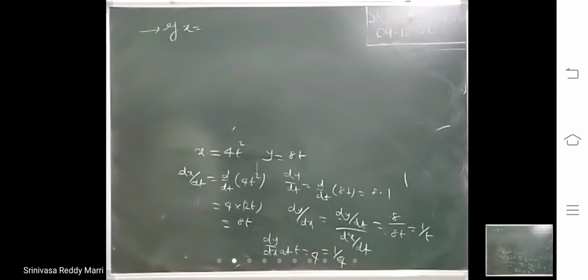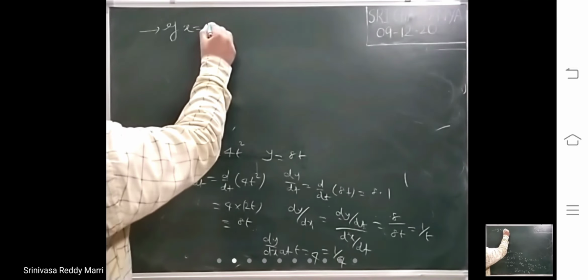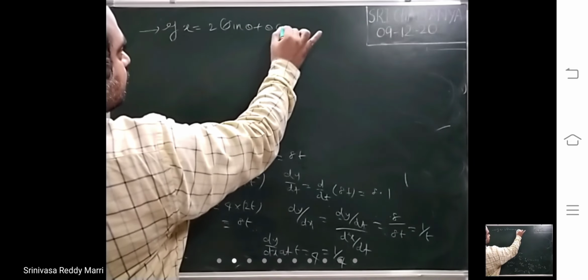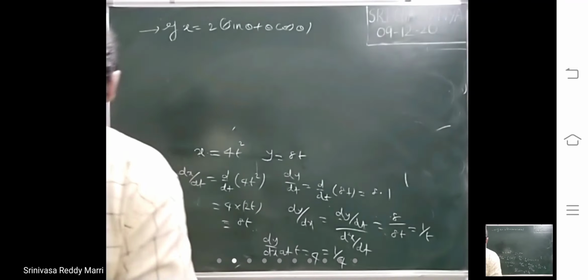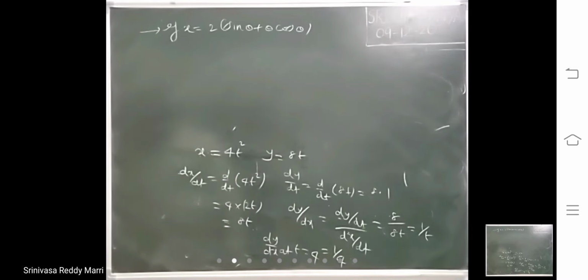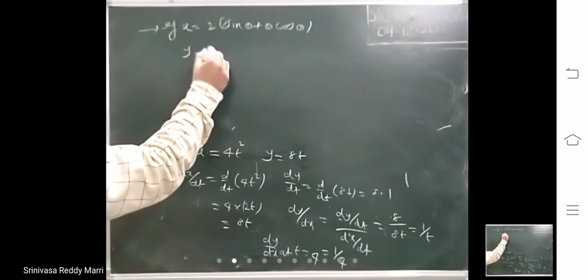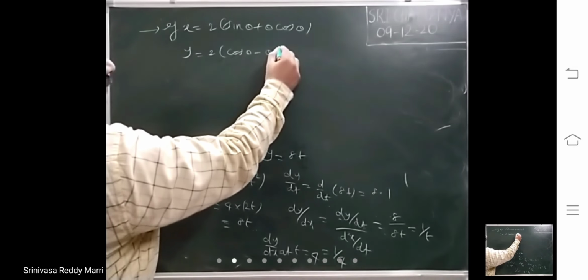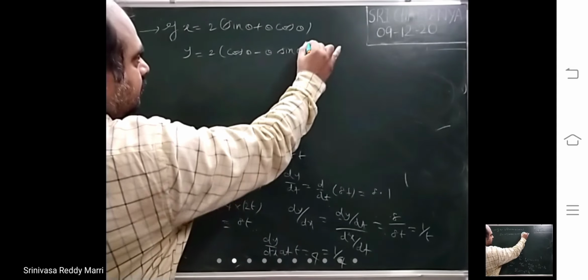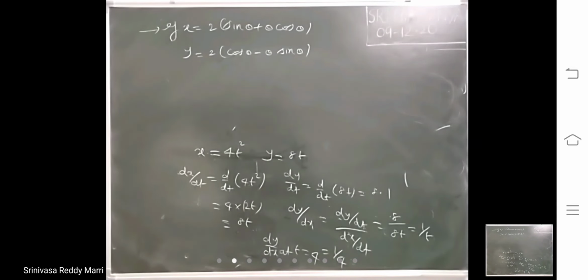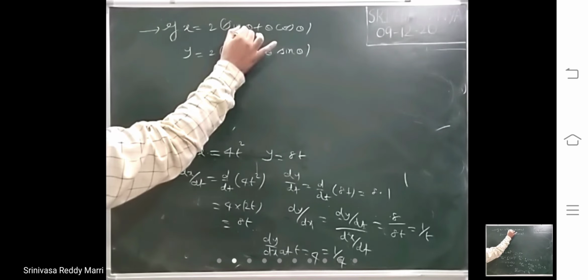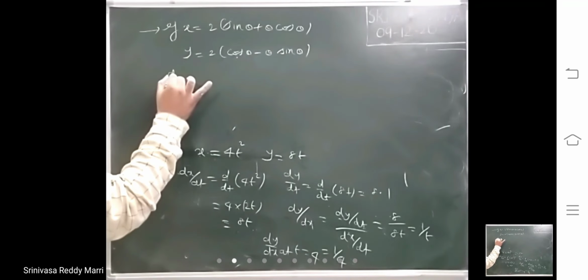If x equals 2 times sine theta plus theta cos theta, and y equals 2 times cos theta minus theta sin theta, these are parametric equations: x is in terms of theta, y is in terms of theta.